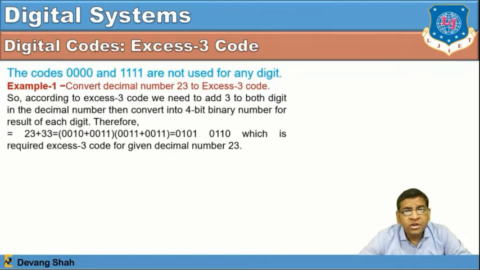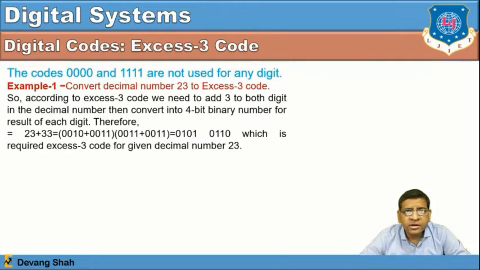Let's see one example: convert the decimal number 23 into excess 3, right? Here you have to consider 2 and 3 as individual digits. So 2 is a digit, 3 is an individual digit. You have to add plus 3 to each individual digit, like 2 plus 3 and 3 plus 3, from LSD to MSD, right?